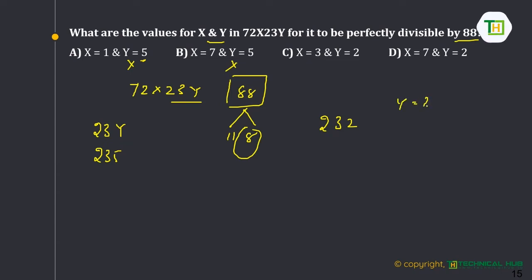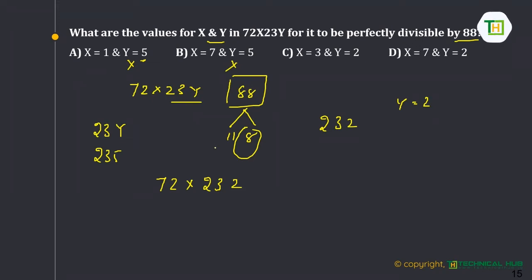So clearly y is equal to 2. So substitute y is equal to 2 here: 72x23. Any number divisible by 88 should be divisible by 11 and 8. But what is the rule of 11? The rule of 11 was already explained in yesterday's session also.